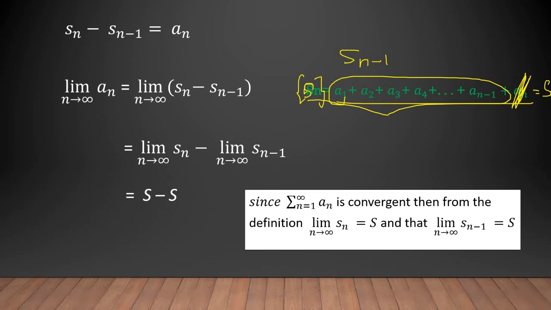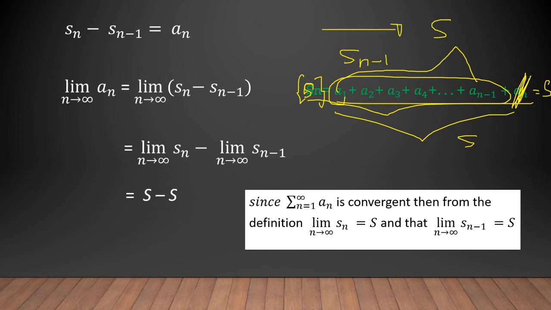If from a1 to an we have S, then a1 up to an minus 1 would also still have S, because as we add the sequence terms, the value of the summation is approaching the value S.